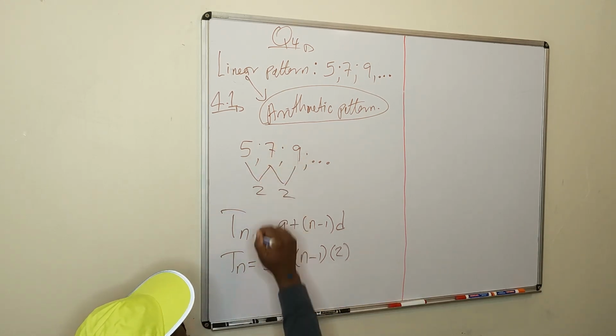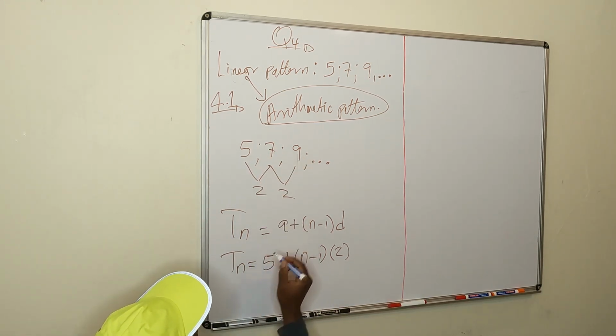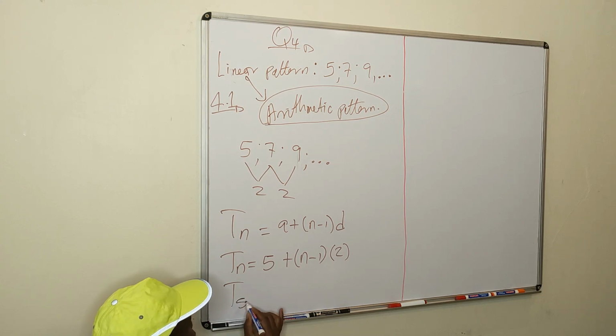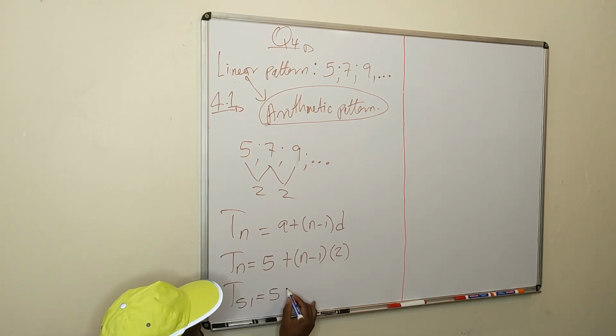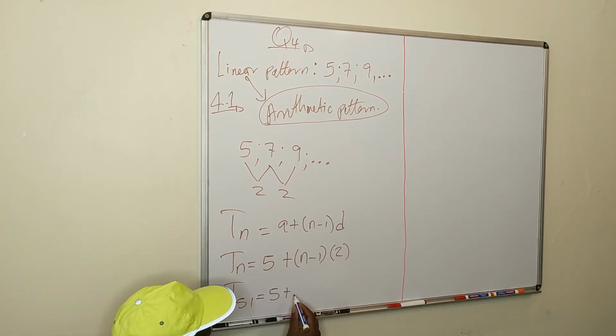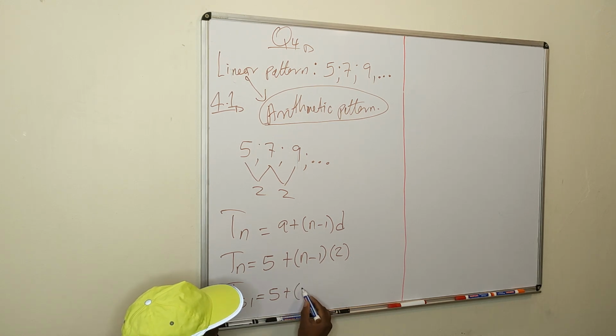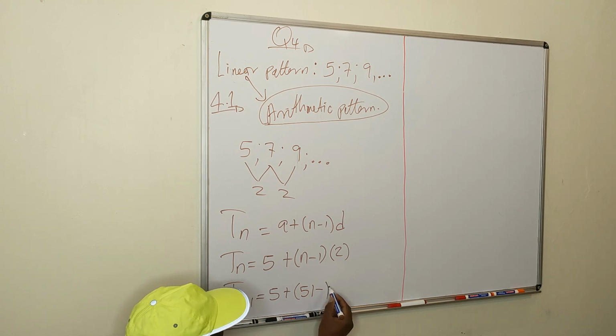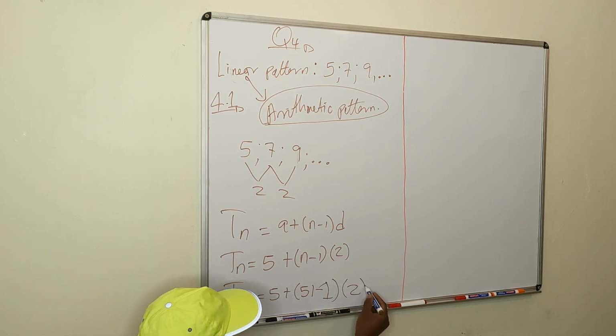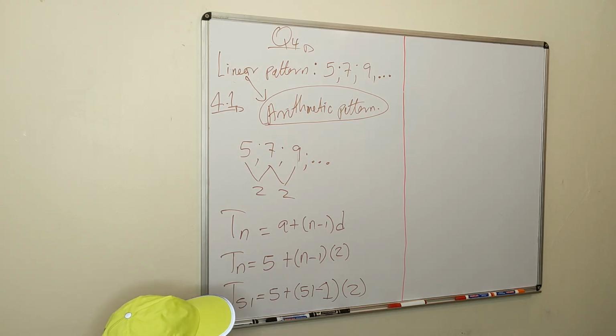So if you want term number 51, T51 is equal to 5 plus 51 minus 1 times 2. You want T51, right?